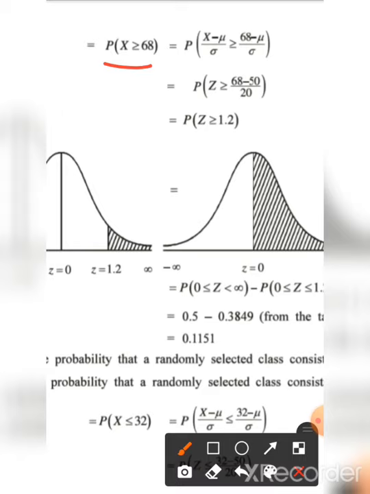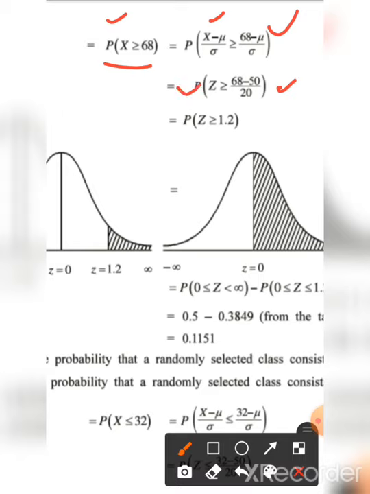Now again, yes children, we need to convert this into z. So for x, you put up over here p of, in brackets, x minus mu upon standard deviation, more than equal to. Now in the formula for x, you put the value 68, in the formula of x minus mu upon standard deviation. Now put in all the other values, that is the mean and the value of sigma also.